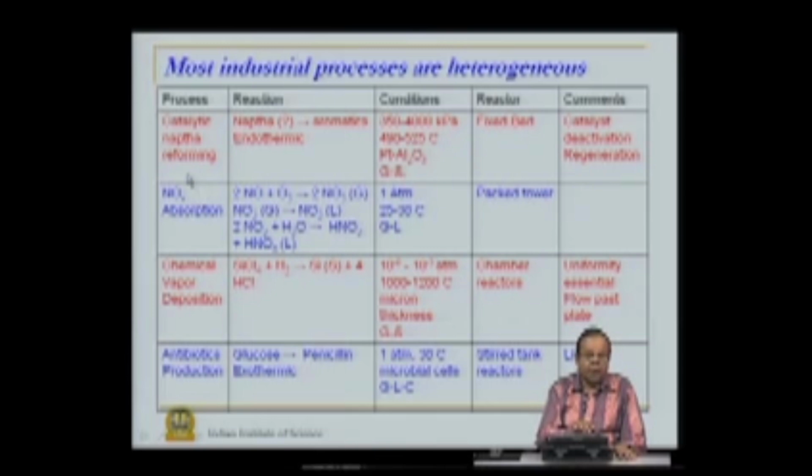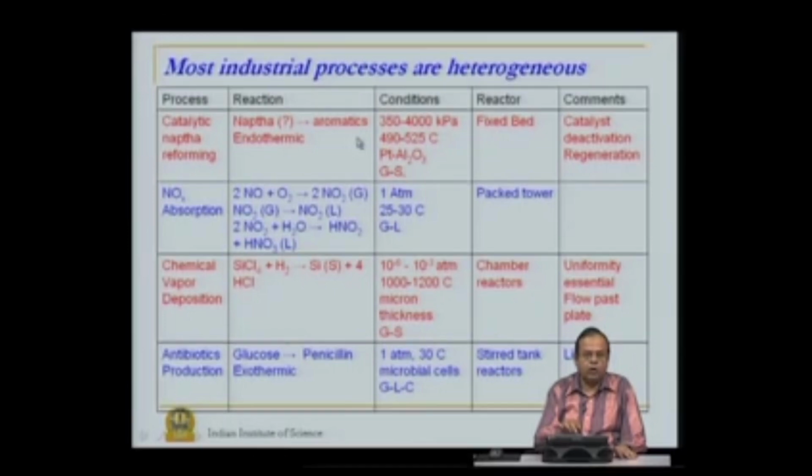For example, take catalytic naphtha reforming reactions. This is a reaction which gives from naphtha different aromatics and different useful chemicals. Notice here I have put naphtha question mark. The first thing that strikes when I write a reaction like this is that no precise information is available as far as my reactants are concerned and as far as my products are concerned.